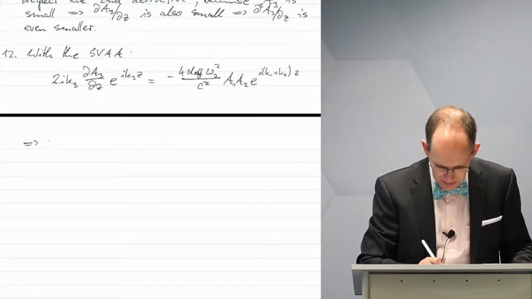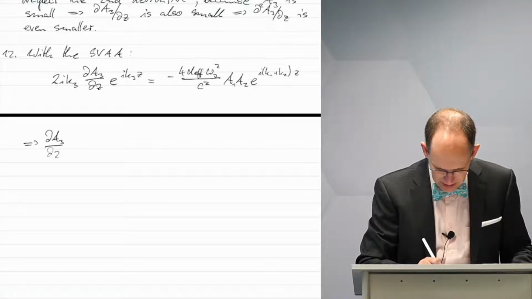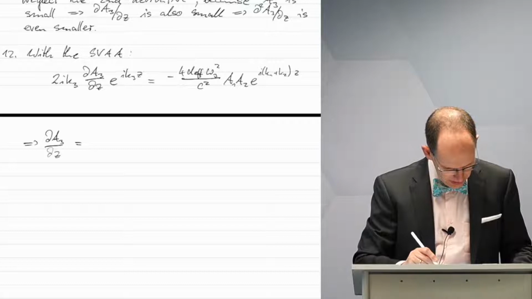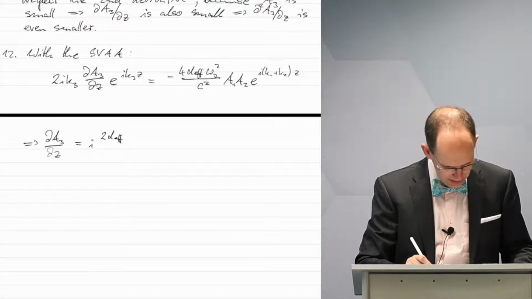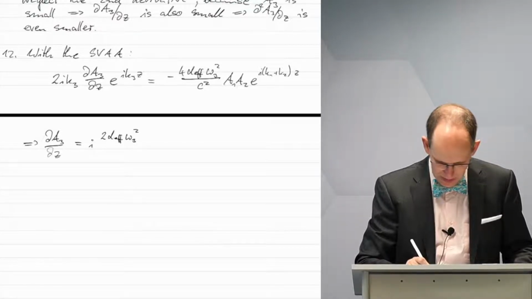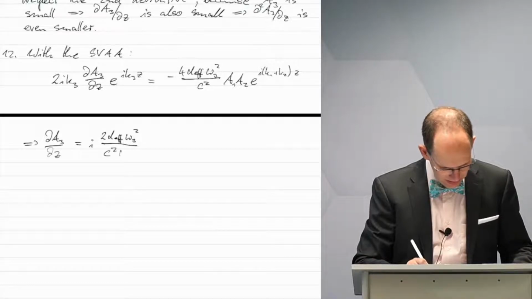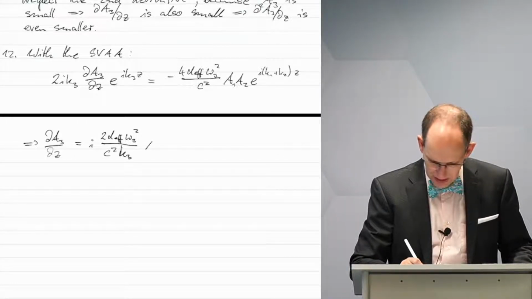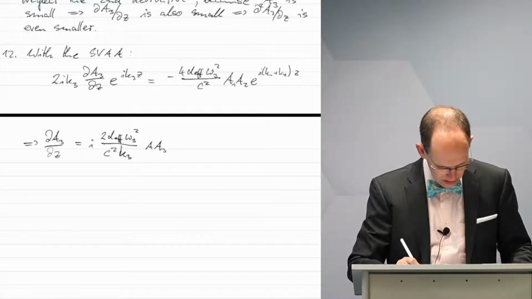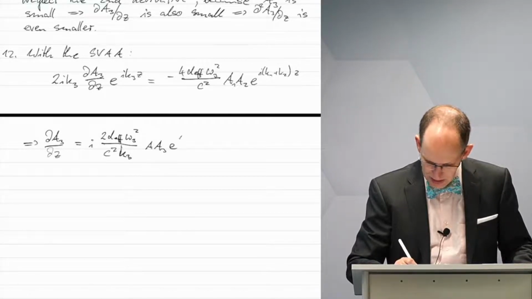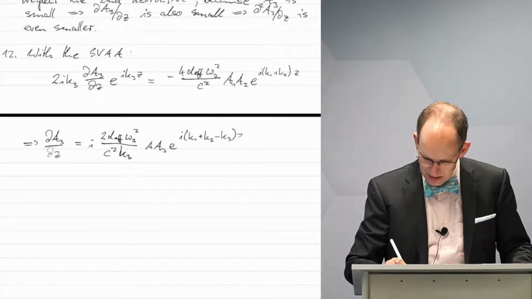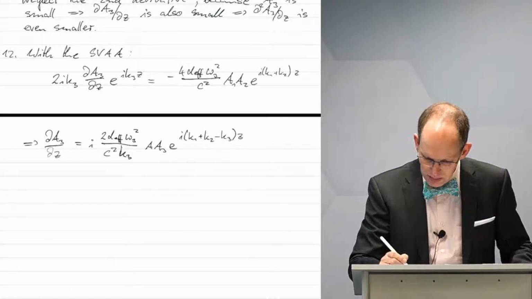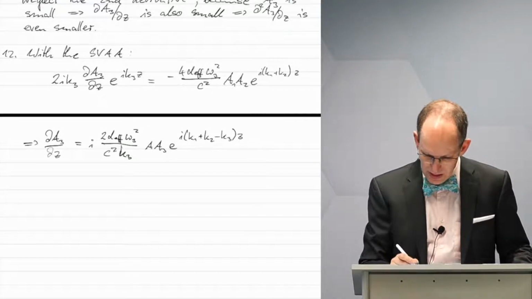So we would get the derivative of A3 is equal to i times 2 times the effective nonlinearity times omega 3 squared divided by c squared k3 A1 A3 times e to the i (k1 plus k2 minus k3) times z. Right? And this exponent here is important.